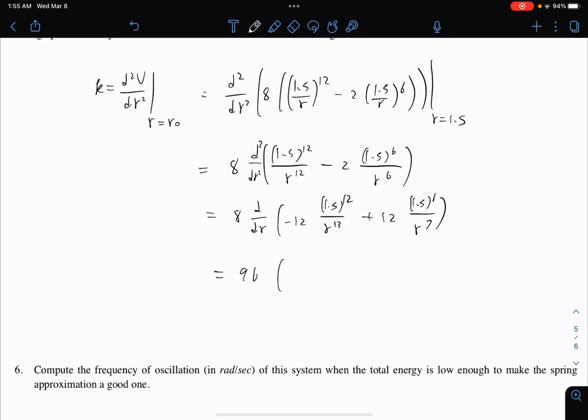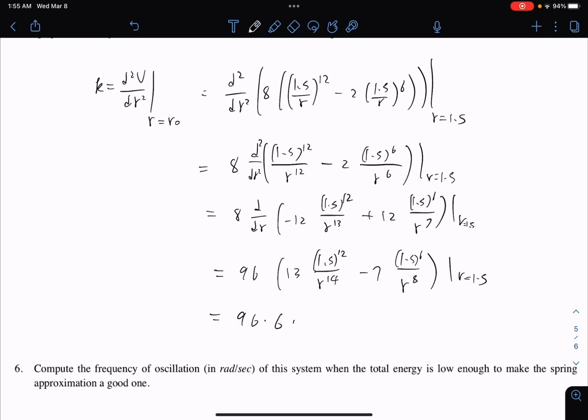And then we can differentiate it again to get another minus 13, here's 14. This is a constant. So we have minus 7 from differentiating r to the power of minus 7, and 1.5 to the 6. And we want to set everything at r equals 1.5. After we do that, we'll get 96 times 6 times 1.5 to the power of minus 2, because here's 14 and here's 8.